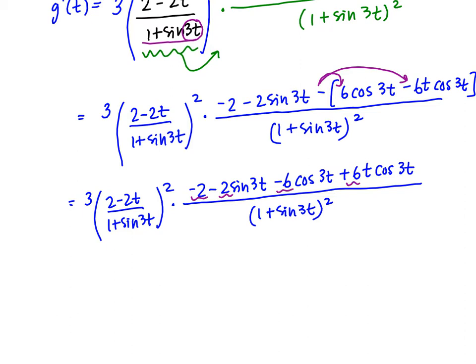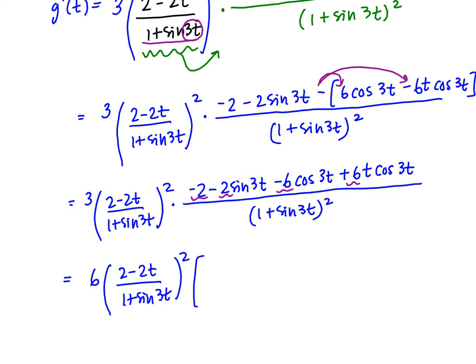So if we take a 2 out, we get 6 times ((2 minus 2t) over (1 plus the sine of 3t)) squared times, let's put these in positive order and descending orders of t.